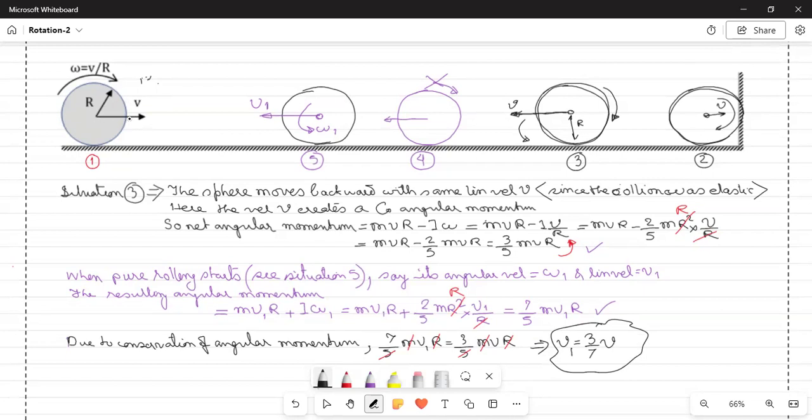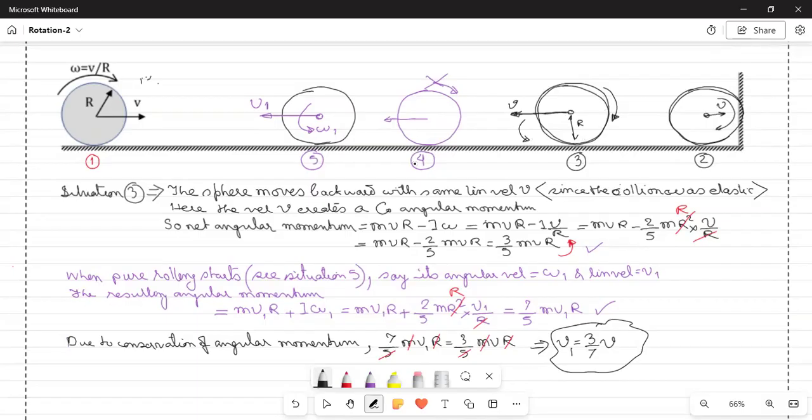Then the ball went and hit the boundary wall somewhere here, position 2, and since it was an elastic collision, the ball rebounded back with the same linear velocity. Its linear velocity and angular motion were opposing each other. Anyway, we found out the net angular velocity.